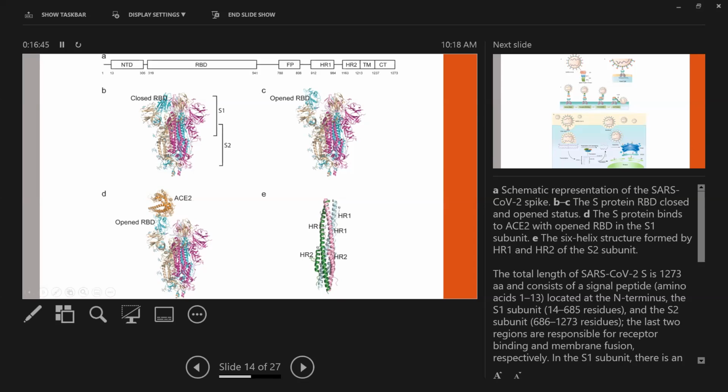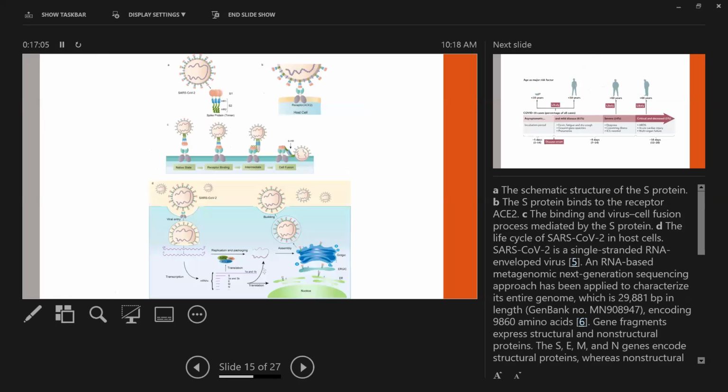These helices here form this six-helix bundle, from this peptide region here and the fusion peptide here. That helps drag the viral envelope next door to the envelope of the host cell, and the thing is now going to fuse. So you can see this very nicely here. It undergoes this conformational change, drags it in, the fusion of the viral envelope membrane with the host membrane. That releases the RNA into the cytoplasm of the cell.